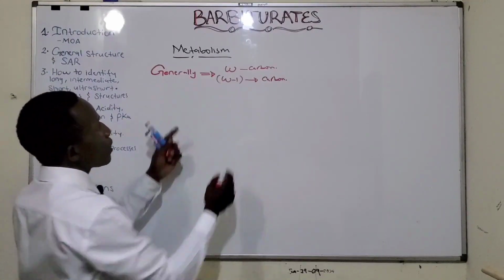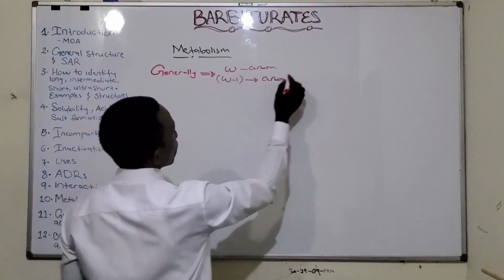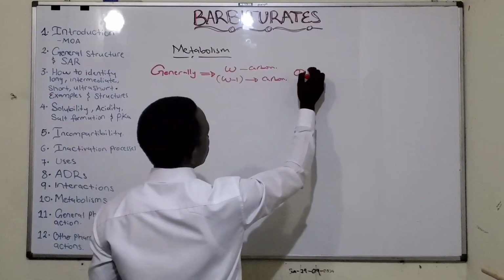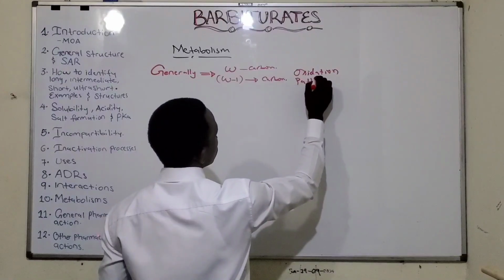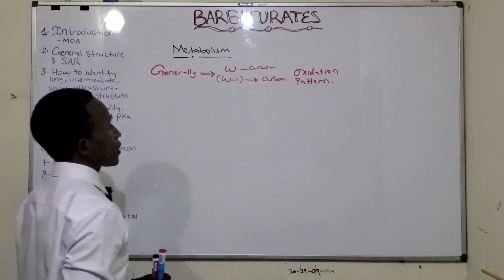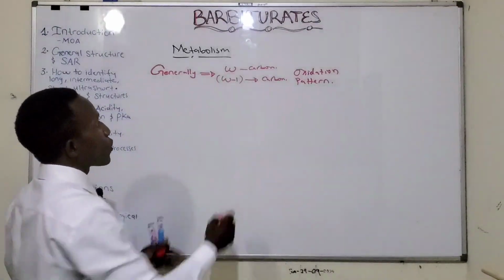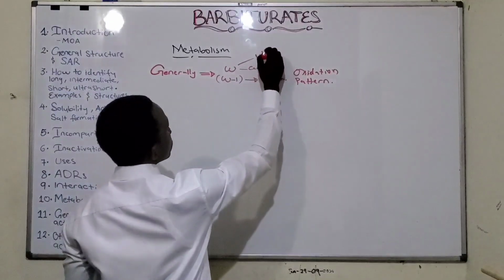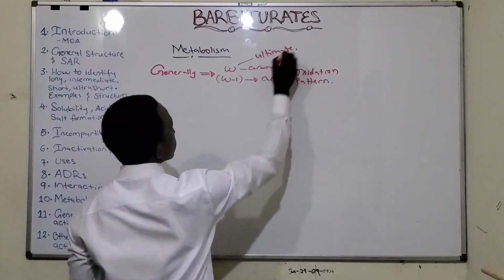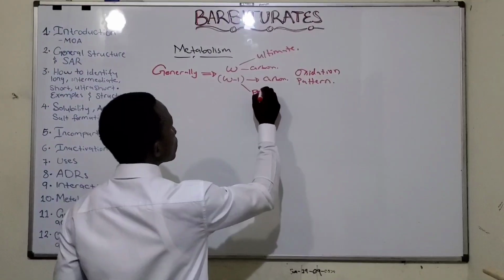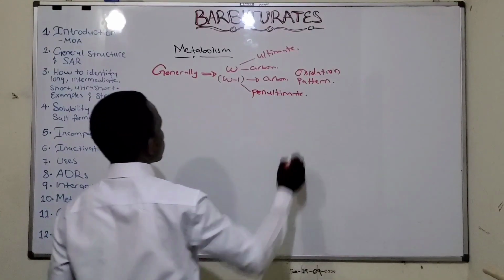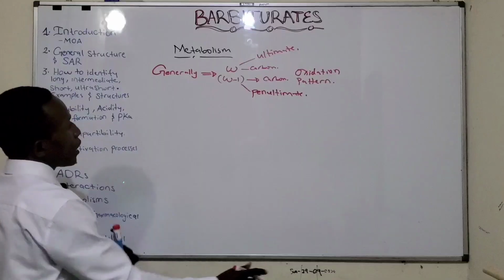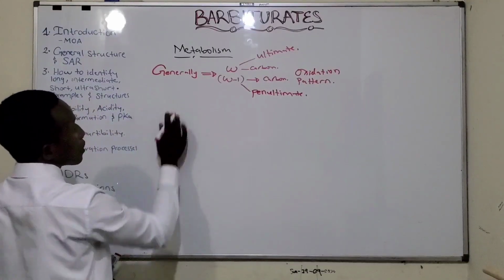Most is by omega or omega minus 1 oxidation pattern. Generally, that's it. You can call this one ultimate, and this one penultimate.